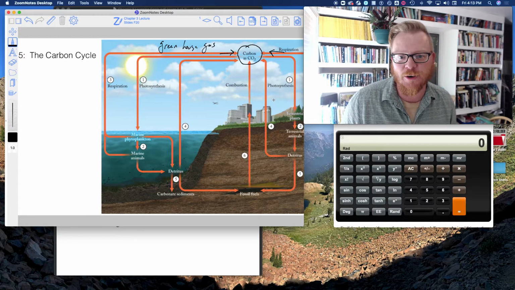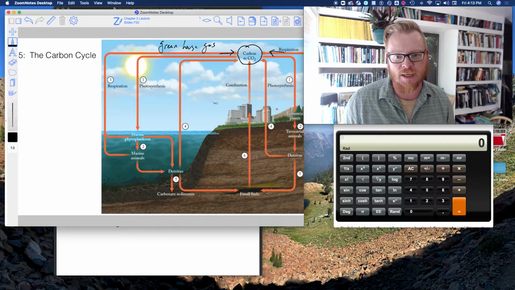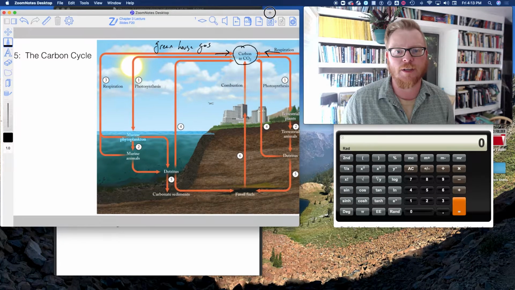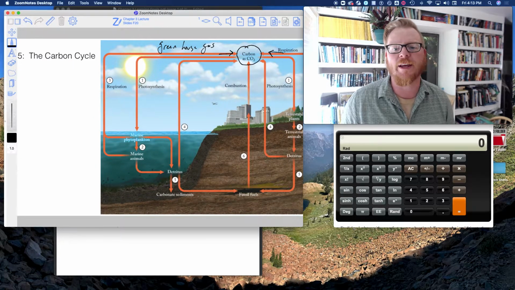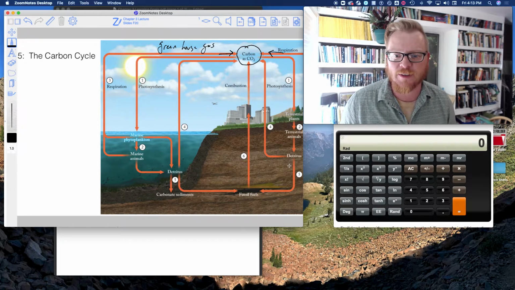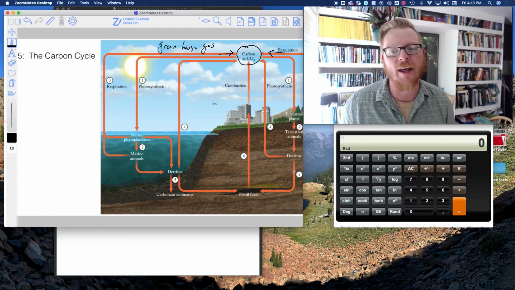You notice here, number 4 is CO2 that comes off of the land. So this is called detritus. I don't want to spend a lot of time talking about this, okay? What I mostly want to talk about is the combustion.